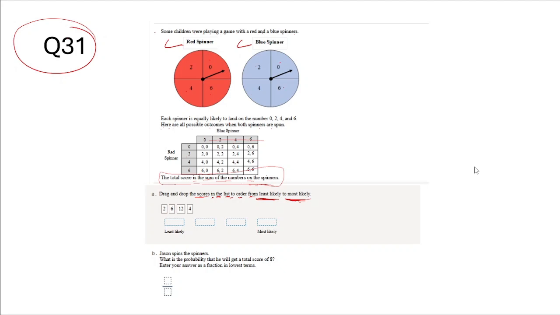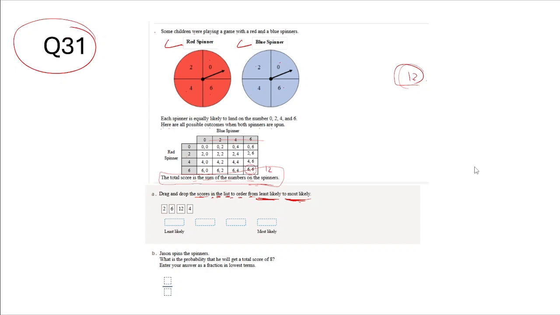Most likely means the sum can happen more. For example, least likely, I can get the sum of the two spinners, maybe 12. How many times can I get 12? This is the least likely. For example, 6 and 6. If you make the summation, it will be 12.